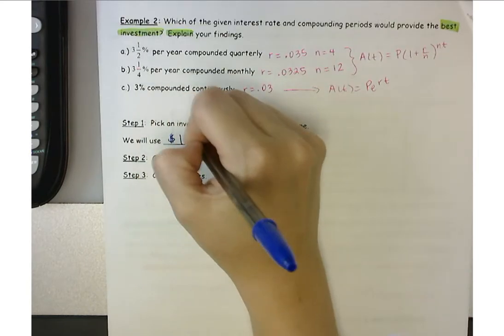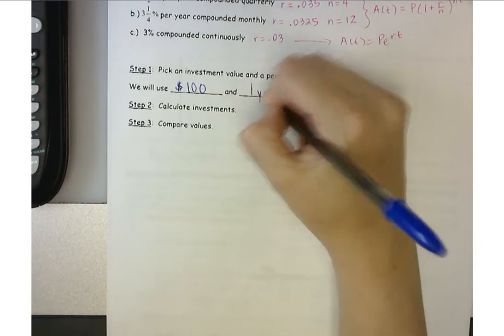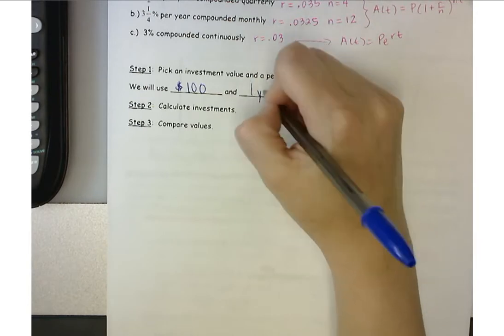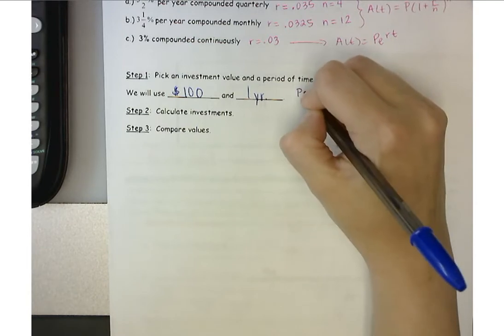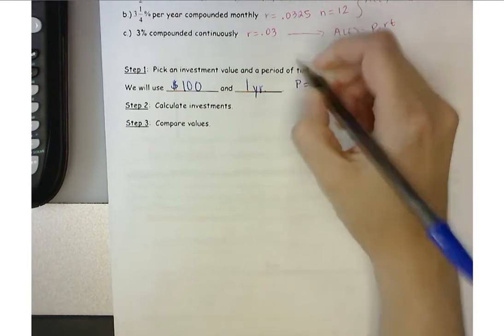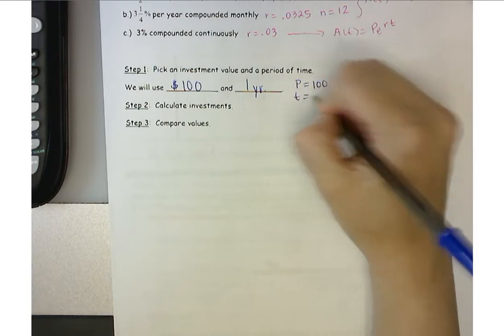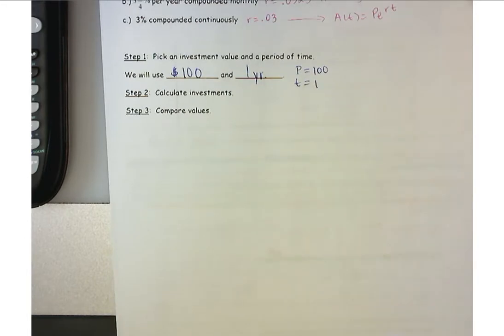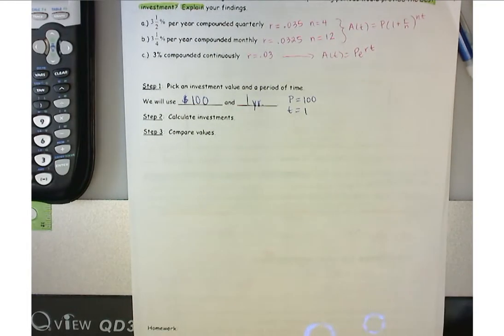What would be an easy year to compute? 1. 10 would be fine too. You do have to use at least 1. Okay, so your principal we said was 100. Our time we said was 1. Again, when you're doing this on your homework, you can choose whatever value you want.